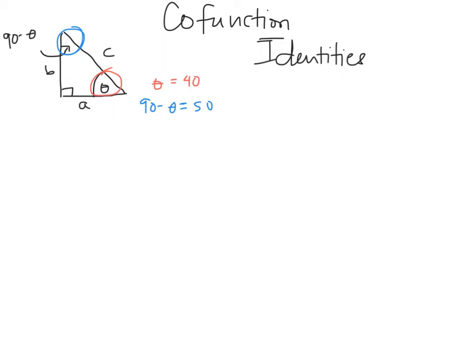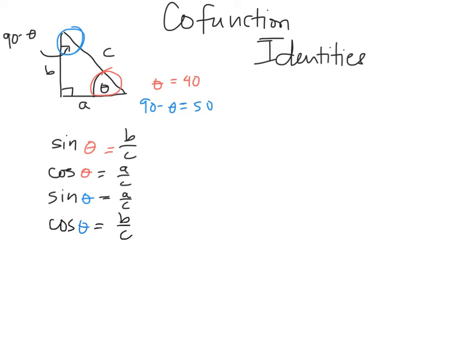So if I want to know sine of this red angle, it's going to equal B over C. And cosine of this red angle will equal A over C. Sine of the blue angle will give us A over C. And cosine of the blue angle will give us B over C. So if we notice, sine of the red angle has the exact same value as cosine of the blue angle.